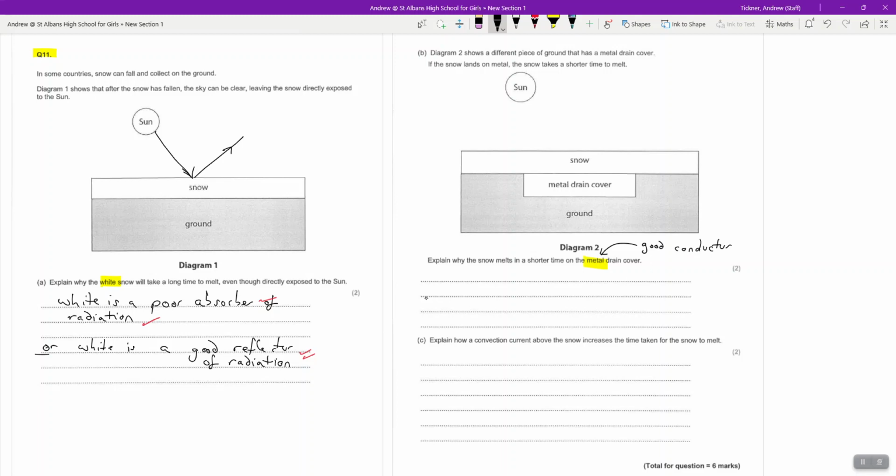Okay, so why will landing on the metal melt the snow? When snow falls on the metal, the snow is at freezing point. The metal is definitely not. So the metal is warmer than the snow.